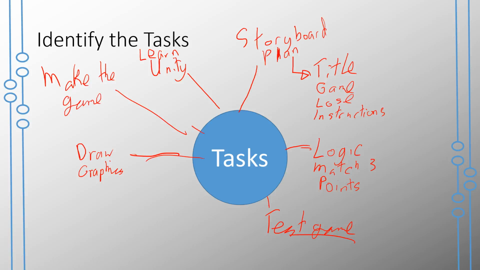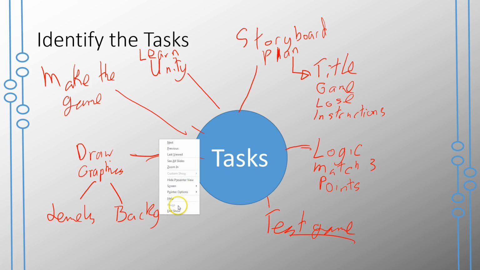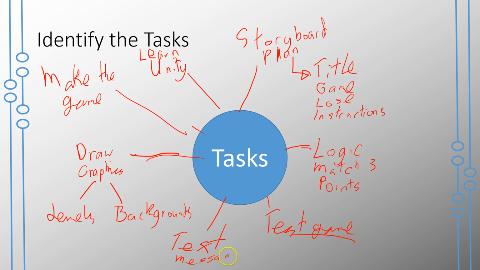Now, my graphics, I can probably break that down into a few things. I might need to make my jewels, and then backgrounds as well. And I might need to also think about what's next.